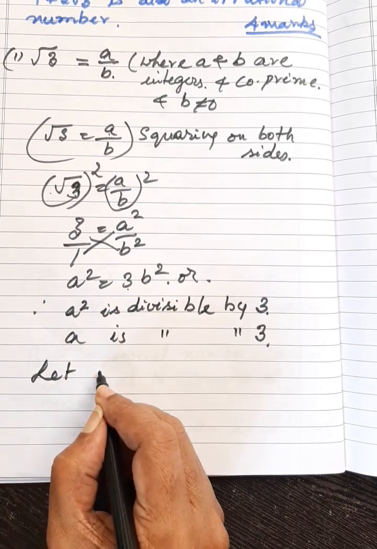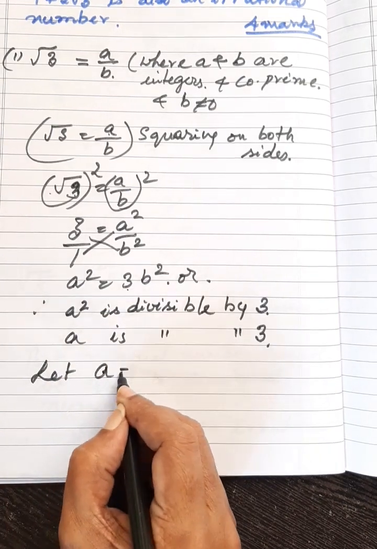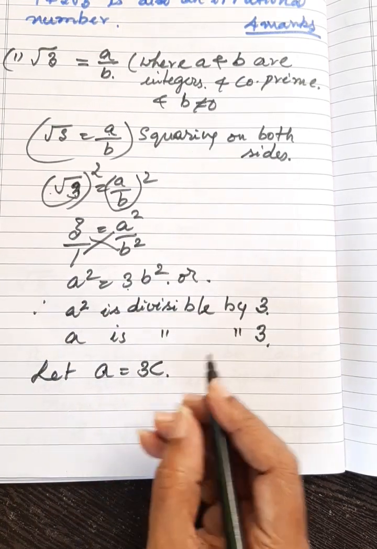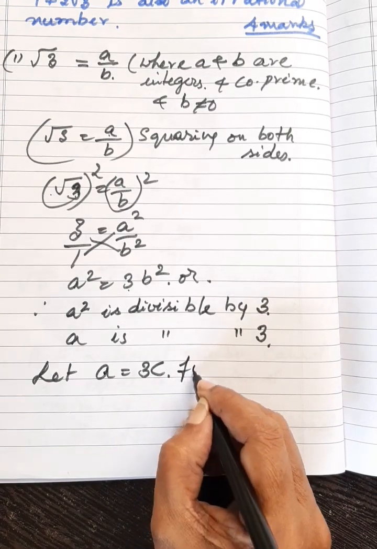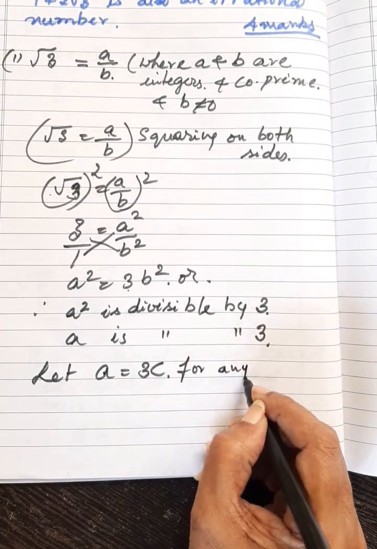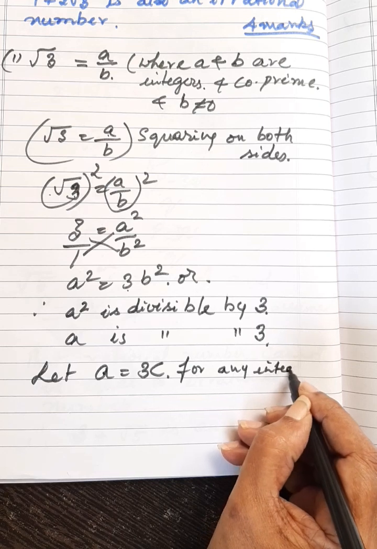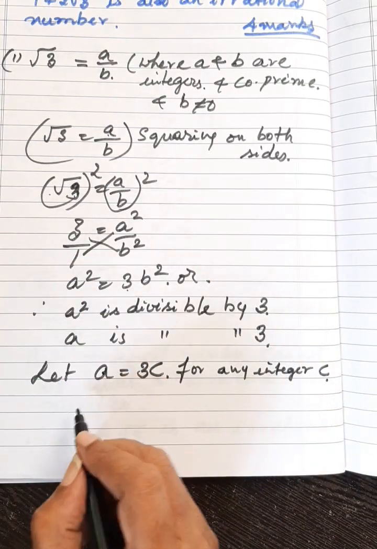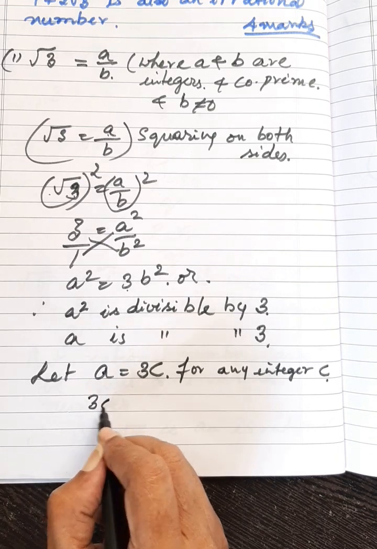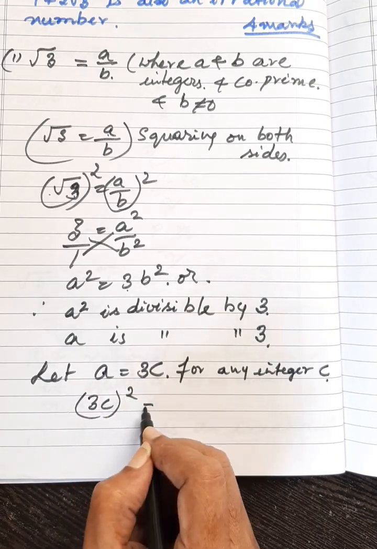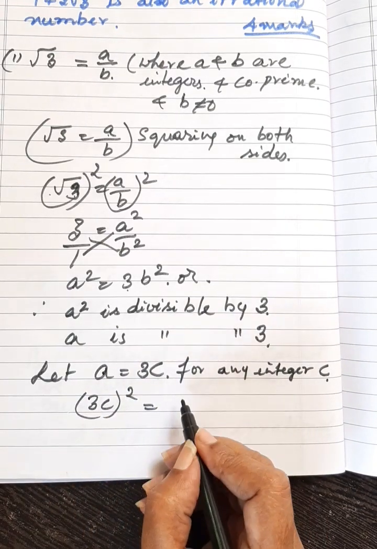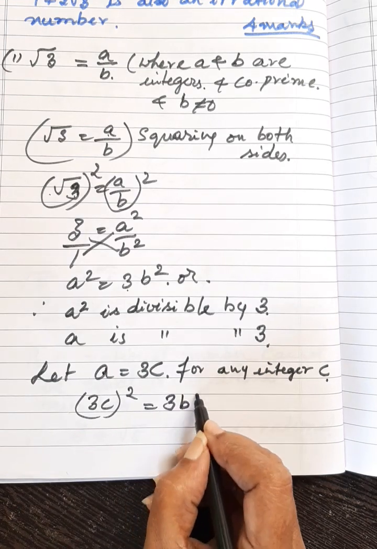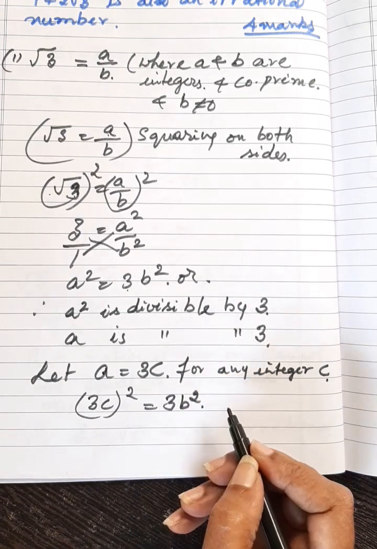Let A equal 3C for any integer C. Now same, 3C whole square is equal to 3B square.